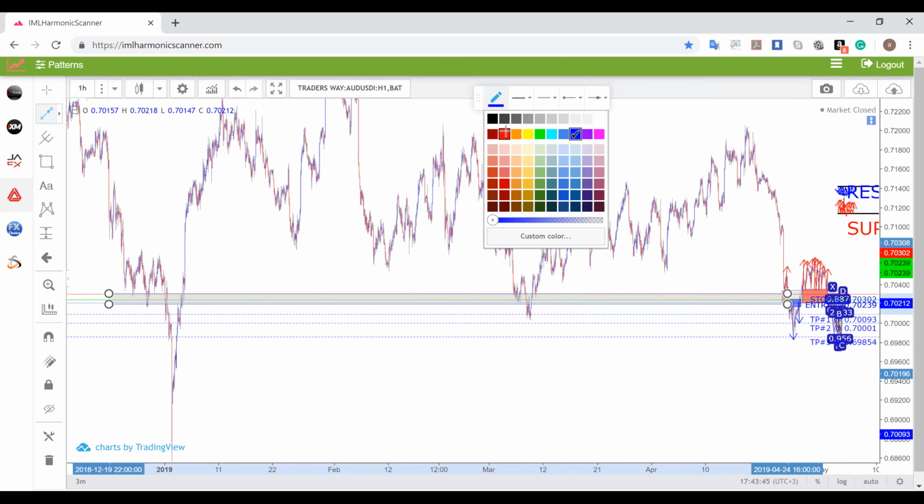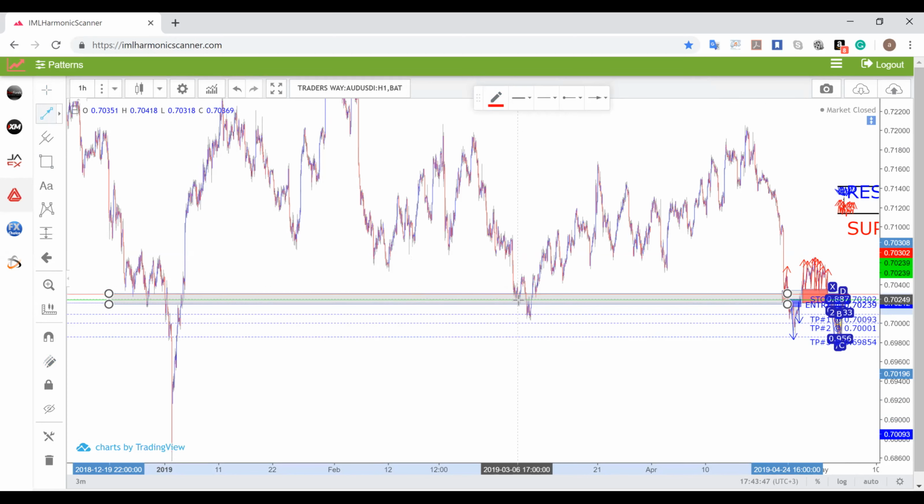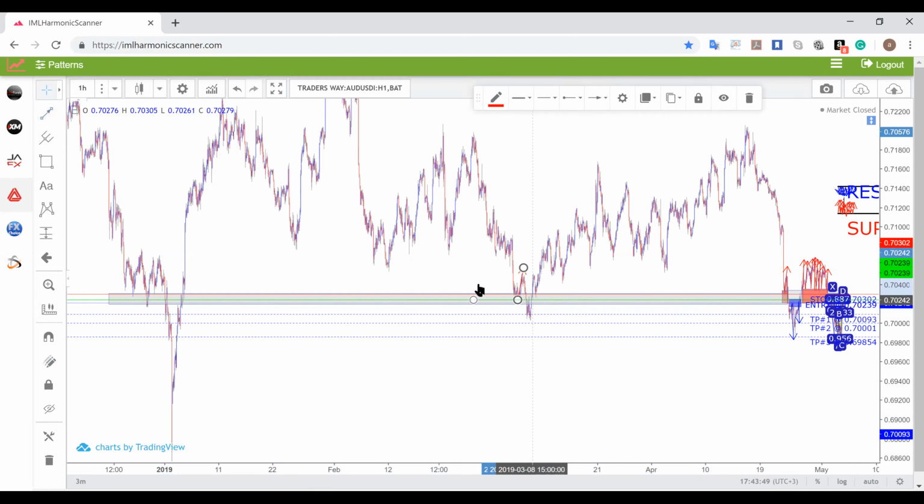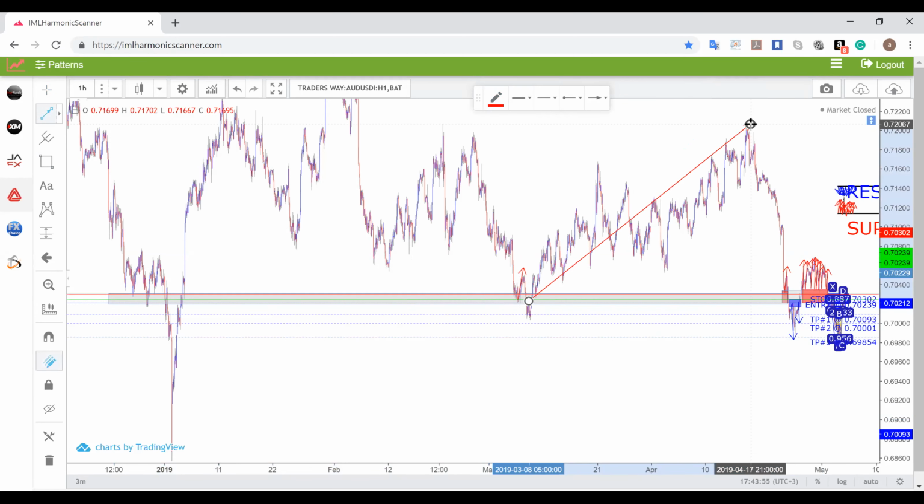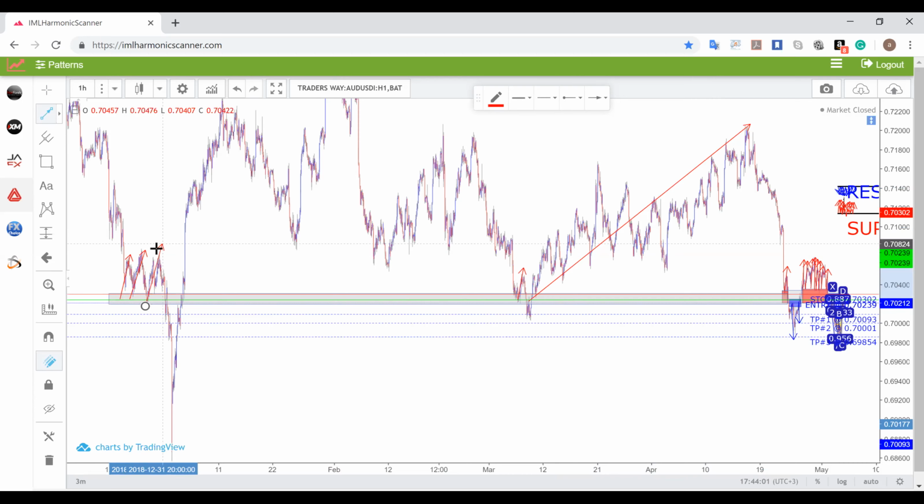Support: price came all the way down, it went up, price came down, it went all the way up, price came down, went up, up, up, up.